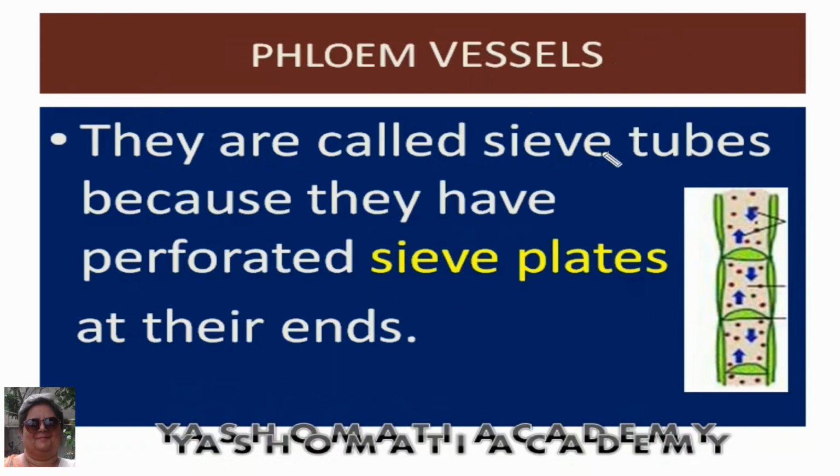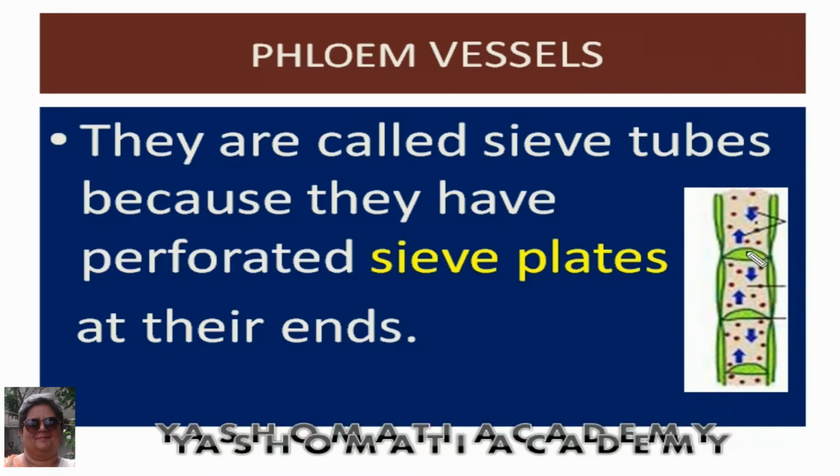Phloem vessels are also called sieve tubes because they have perforated sieve plates at their ends. In xylem we have studied that the cells are joined end to end, but in that case the wall which is separating the cells is dissolved. Whereas in phloem, these walls have plate-like structures called sieve plates.